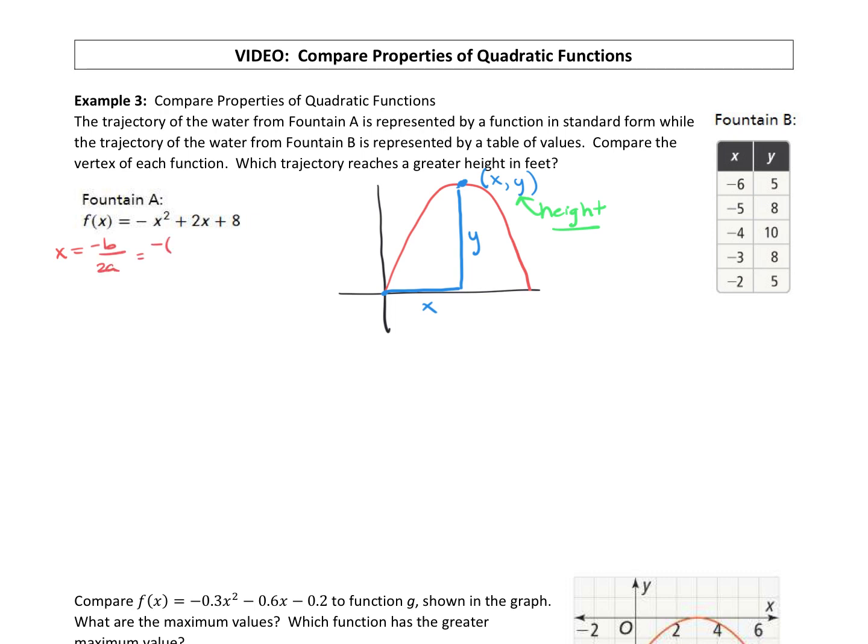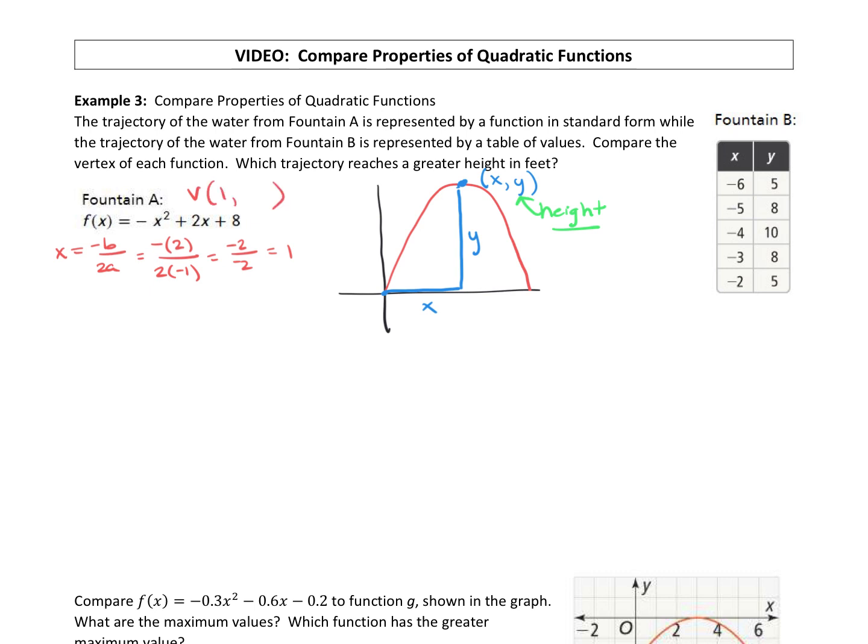So we have a negative, our b value is 2, the coefficient of x, over 2 times our a, which is negative 1, the coefficient of x squared. That gives us negative 2 over negative 2, which simplifies to a positive 1. So in our vertex, the x value is a positive 1.